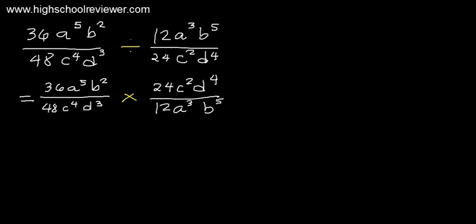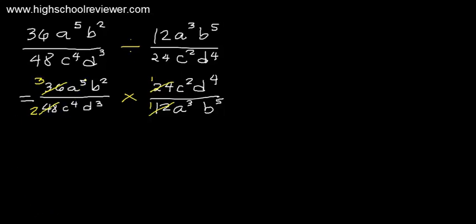And before we multiply, let's factor out first those that can be factored. 24 and 48, we can cancel 24 here because 24 is common between the two. 24 divided by 24 is 1. 48 divided by 24 is 2. How about for 36? We can also cancel this because 12 divided by 12 is 1, and 36 divided by 12 is 3.